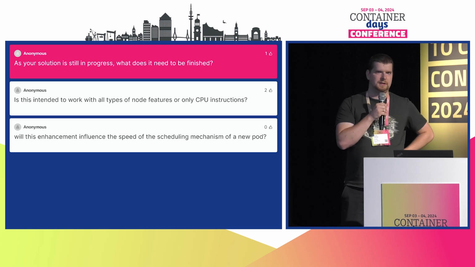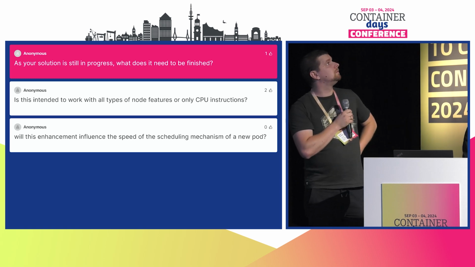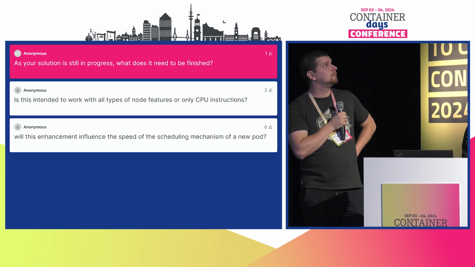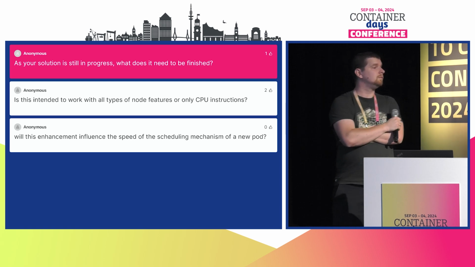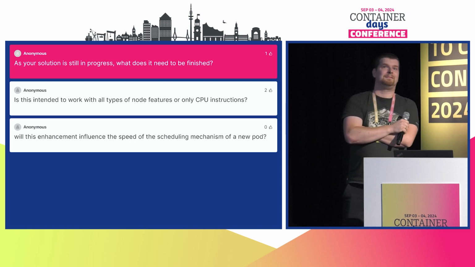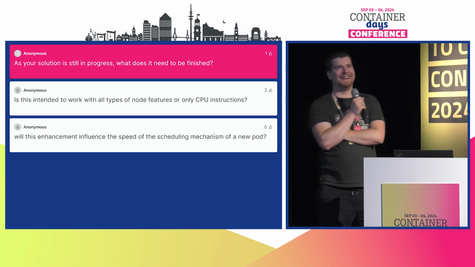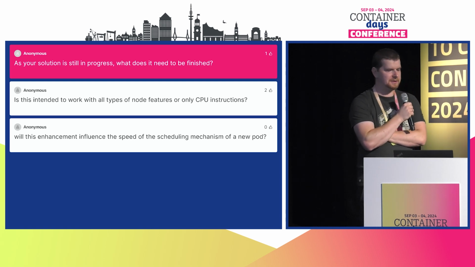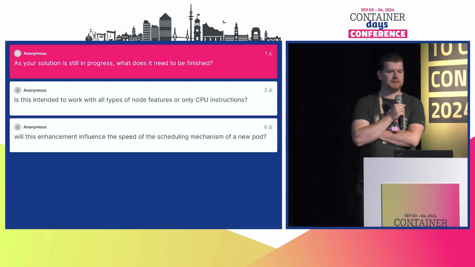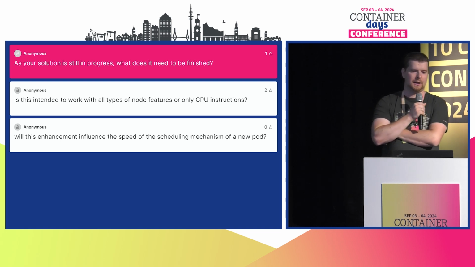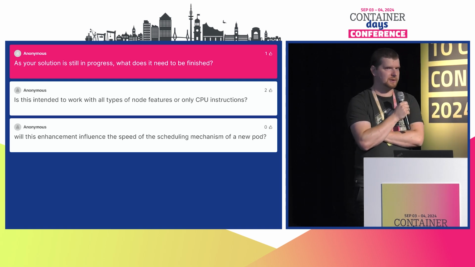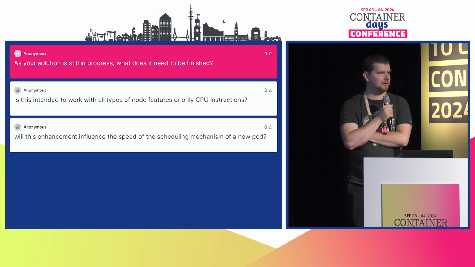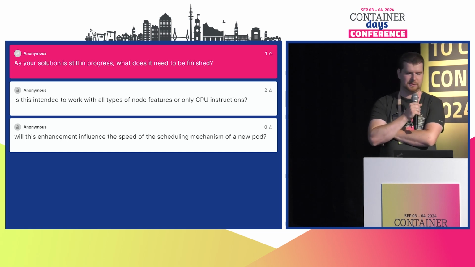One question that I also had is, as your solution is still in progress, what does it need to be finished? That's a good question. We have a pull request with a proposal under the NFD repository, and I'm working on a prototype right now. First of all, we need to find agreement about the final scope of this prototype.